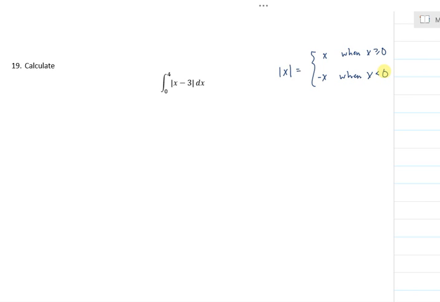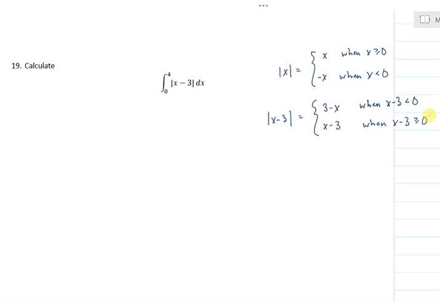Probably should have reversed those to put them in order. So absolute value of x minus 3 is equal to, I'm going to put the negative x on top so my things go in order, negative x minus 3, reversed, 3 minus x, when x minus 3 is less than 0. And it's x minus 3 when x minus 3 is greater than or equal to 0.